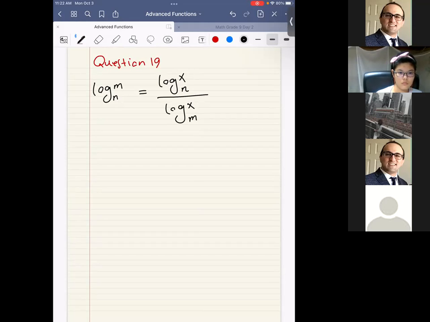Okay, I think I have some idea. Imagine that I want to prove this identity. Imagine that log of x with base n is equal to y.